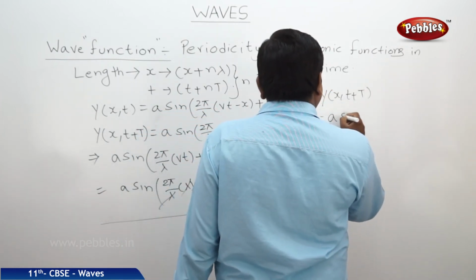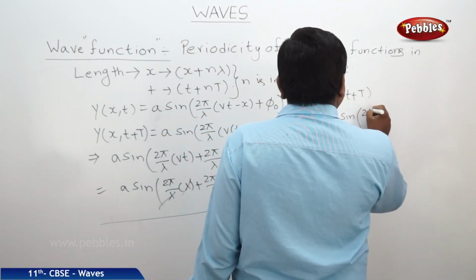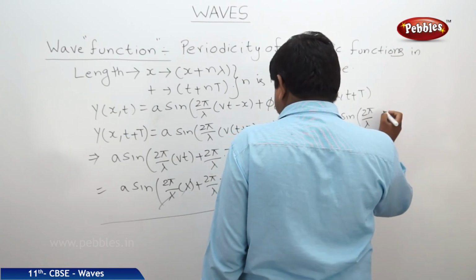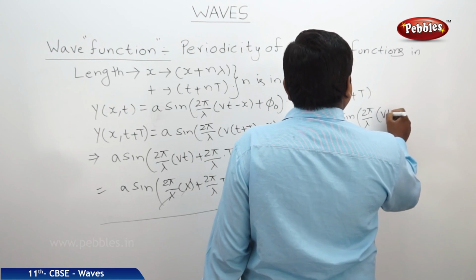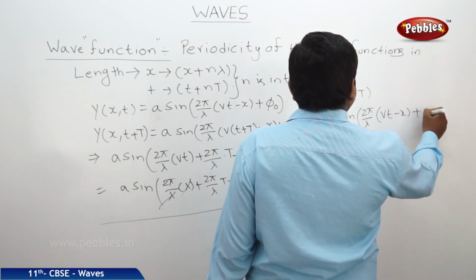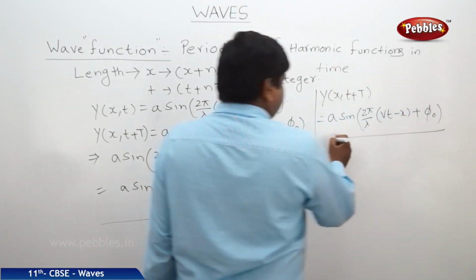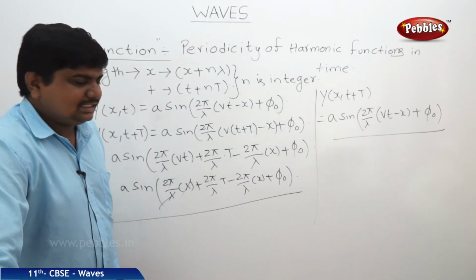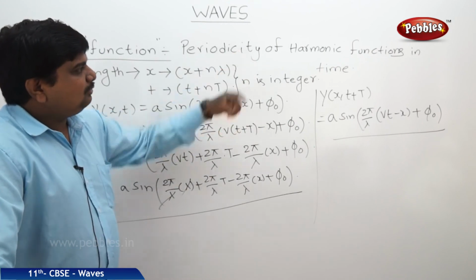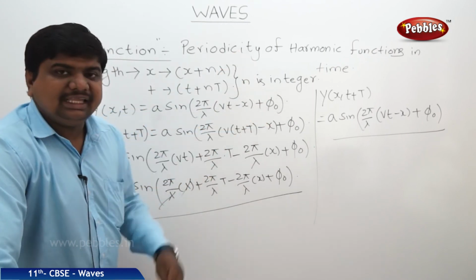So A sin 2 pi by lambda into (vt minus x) plus phi naught. Again we got the same equation. So what we can understand is that in time also, harmonic functions are periodic in nature.